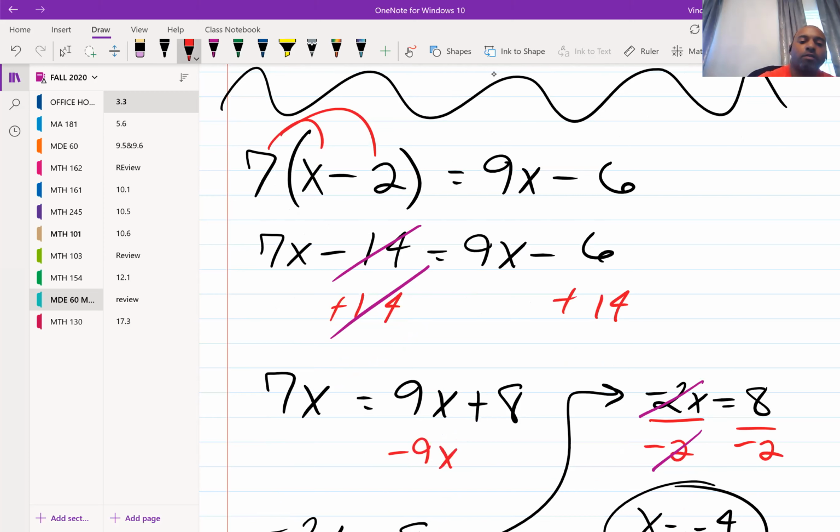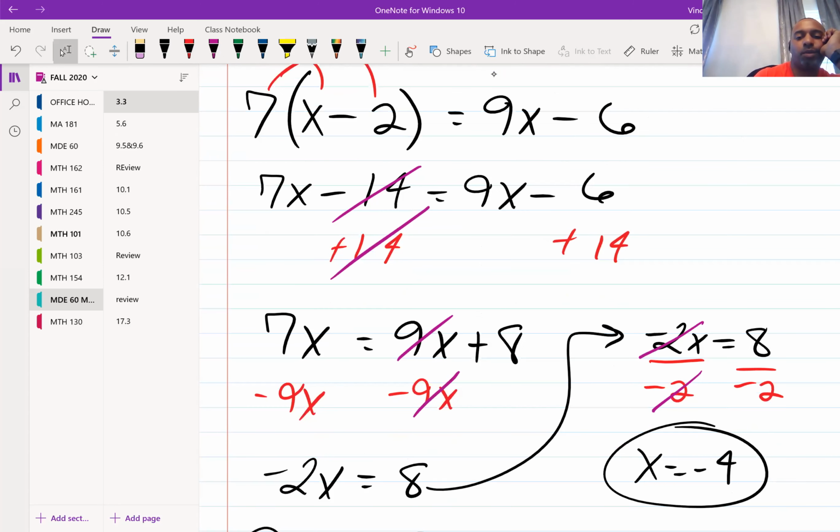Now subtract 9x from both sides. And that'll be negative 2x equal to 8. And here, divide both sides by negative 2. x is equal to negative 4. Any questions?